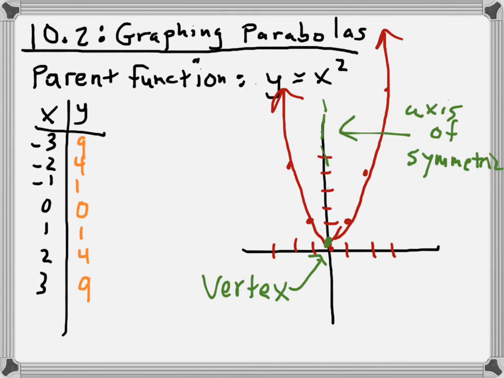So that's going to be our axis of symmetry, and if you see, the axis of symmetry goes straight through the vertex, right there. So the vertex is always on the axis of symmetry, and the axis of symmetry always contains the vertex.